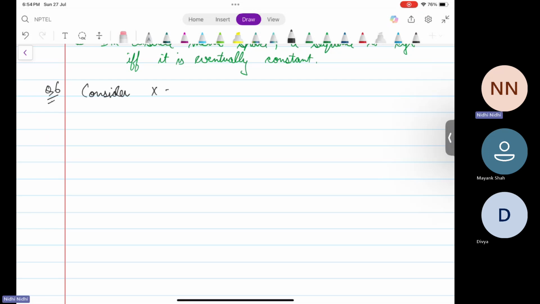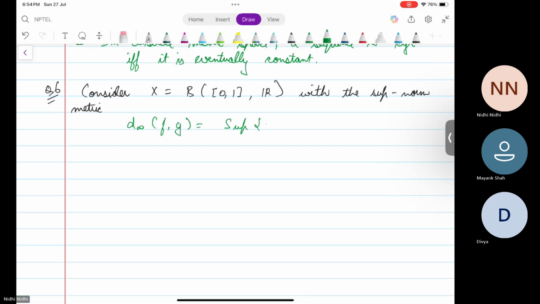Consider X equal to the space of all bounded functions defined on the closed interval 0 to 1, to R, with the sup norm metric. Sup norm metric is, write it as d infinity (f, g). This is the supremum of |f(x) minus g(x)|, x belonging to the closed interval 0 to 1.